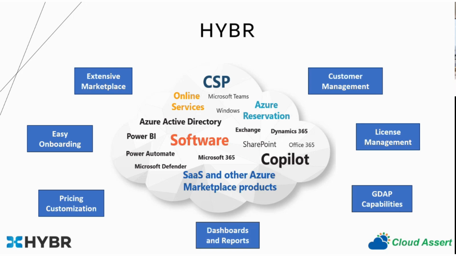That includes customer management, onboarding the customer, having an extensive marketplace to sell all of the products that you can sell through CSP, pricing customization, which will allow you to price the products in a granular manner, integration with your third-party tools and other environments.